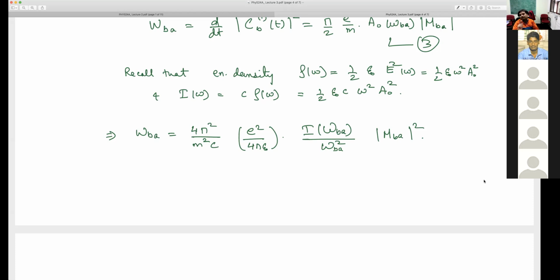But in one atom, I will have only one act of absorption because of the Pauli exclusion principle. My A level has only one electron. This was spinless fermions we started with, so no spins also. Each level has only one species of fermion, and in my B level, I can only excite that one fermion. That's it.